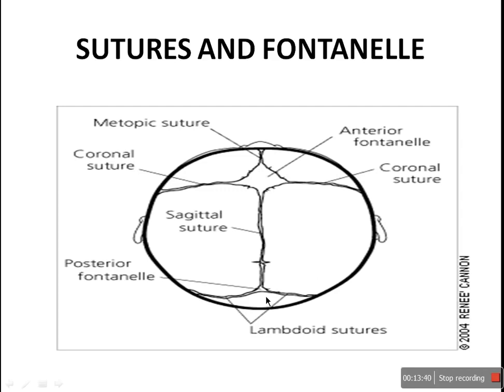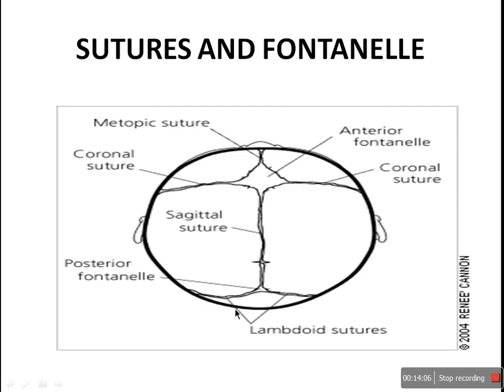Next come to the posterior fontanelle or lambda. The back side, you can see this area, the posterior fontanelle. Just remember, the posterior fontanelle is otherwise called lambda. It is not mentioned here. Lambda is formed by which sutures?